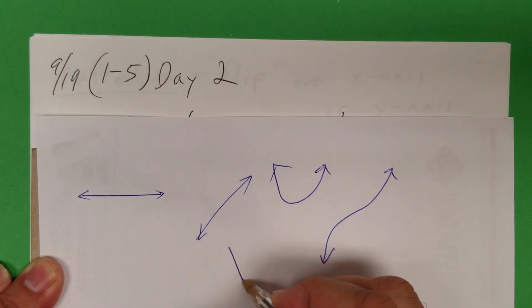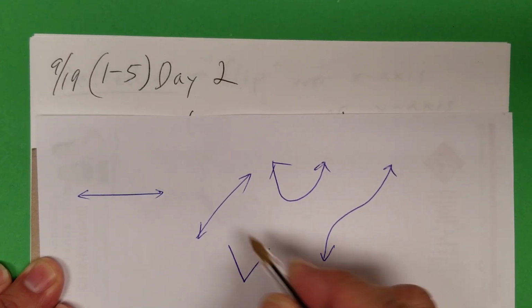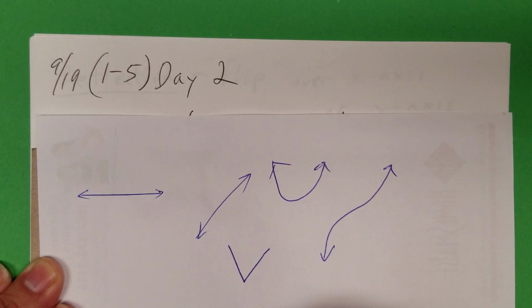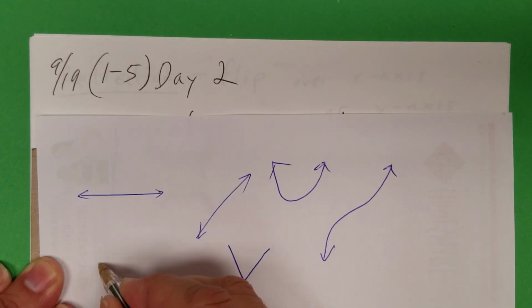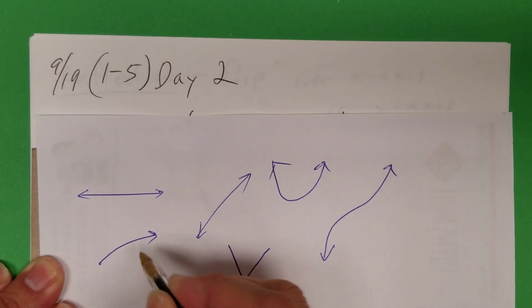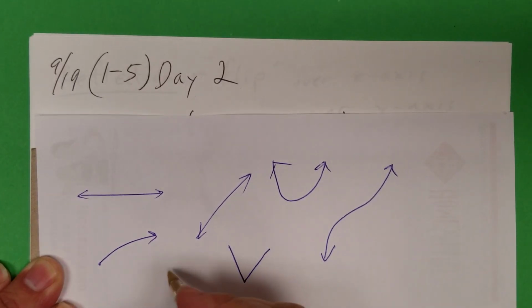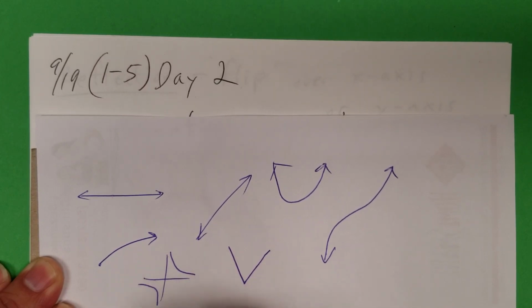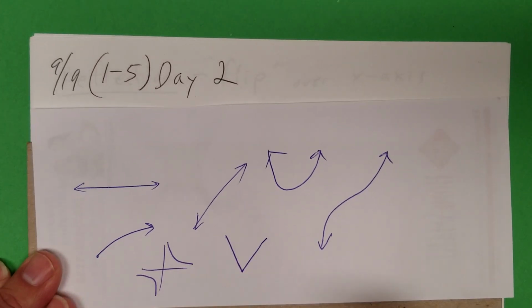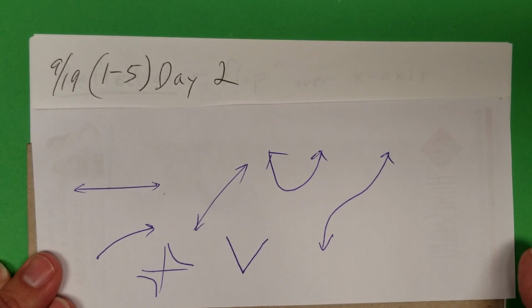Then there was the V, and what else was there? Oh yeah, the one that started at 0 and just went up in one direction, curved. Then there was the one where we don't touch the 0, like that. Remember that one? These were the parent graphs.